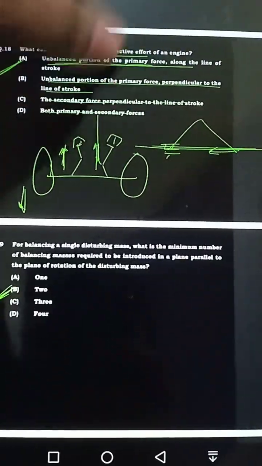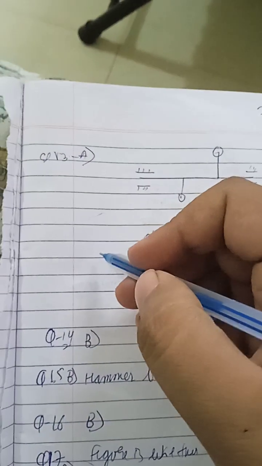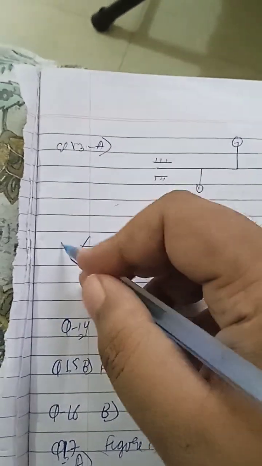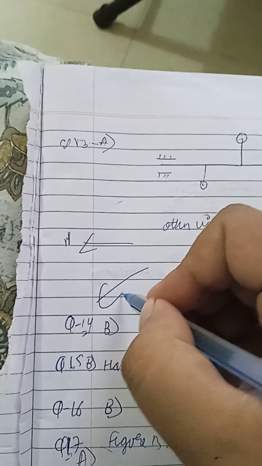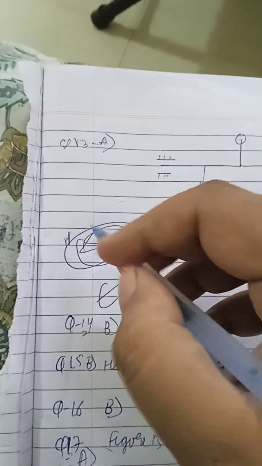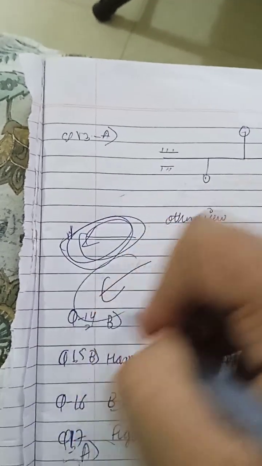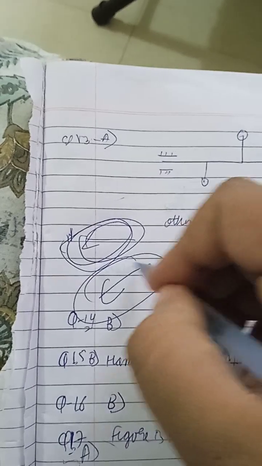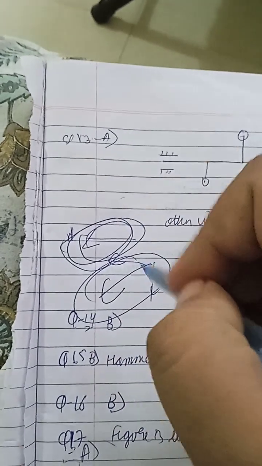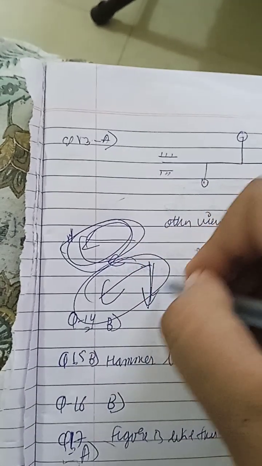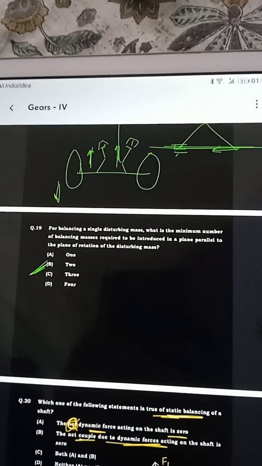So the thing we study is, when we do like this, original this direction, then this direction, we only take primary, some vertical effect. Okay, and the 19th is B.